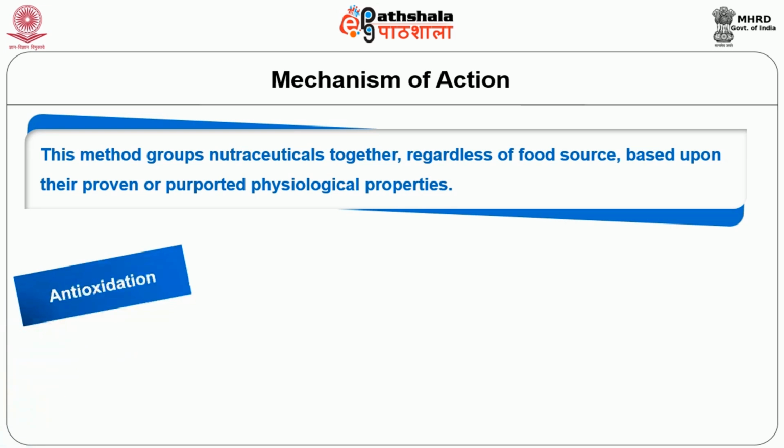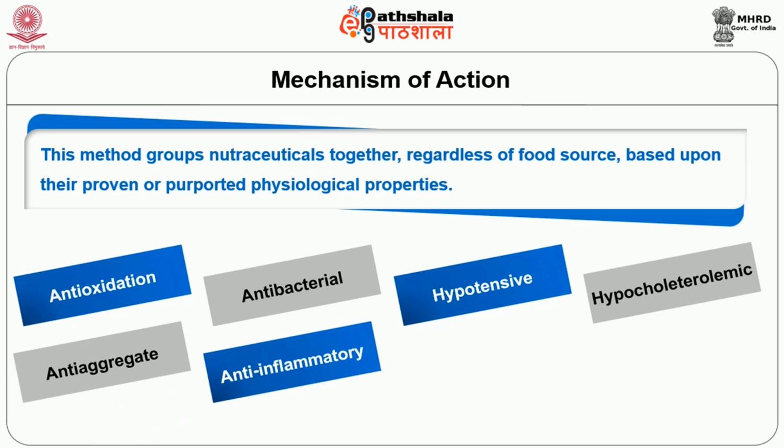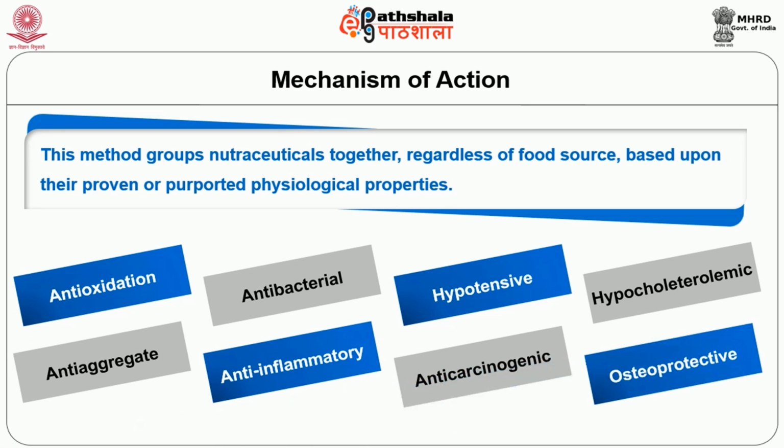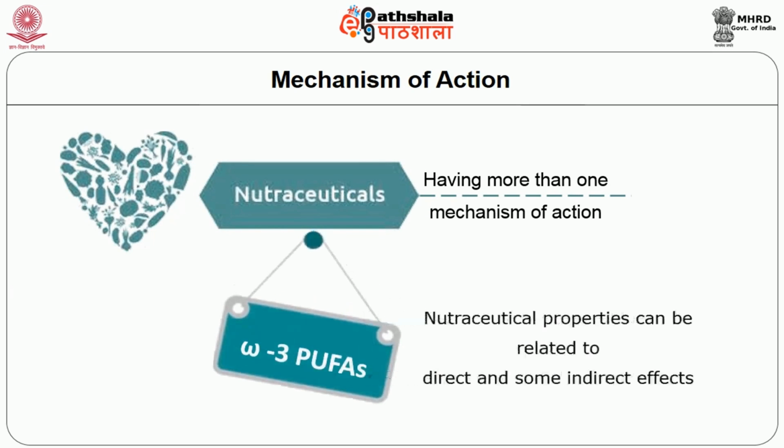They are antioxidant, antibacterial, hypotensive, hypocholesterolemic, anti-aggregate, anti-inflammatory, anti-carcinogenic and osteoprotective. There are several nutraceuticals that can be listed as having more than one mechanism of action. One such nutraceutical is omega-3 PUFA or omega-3 polyunsaturated fatty acid.